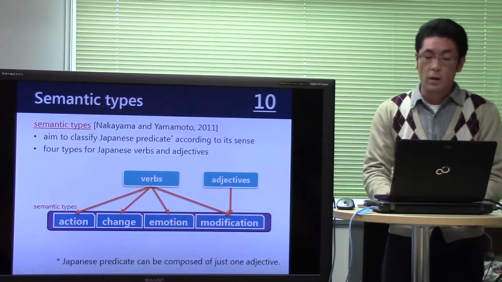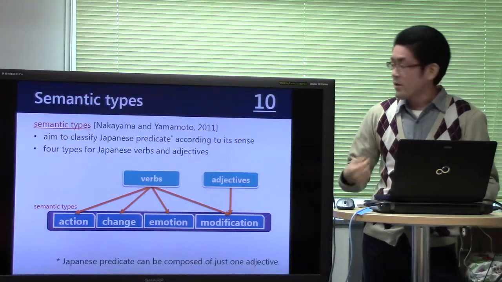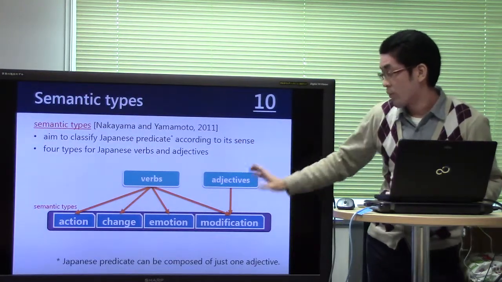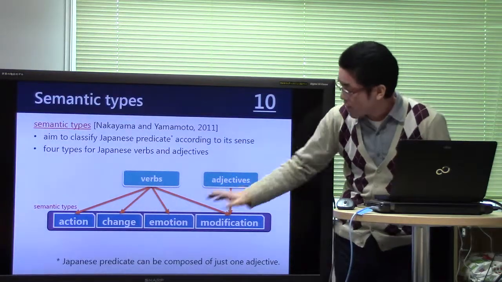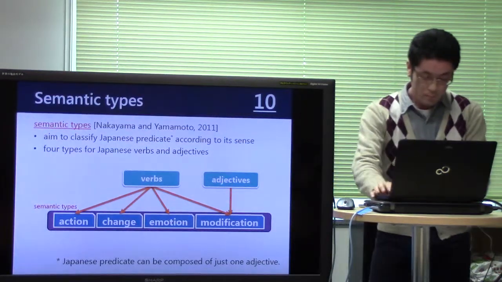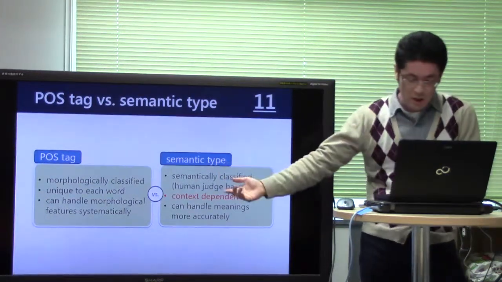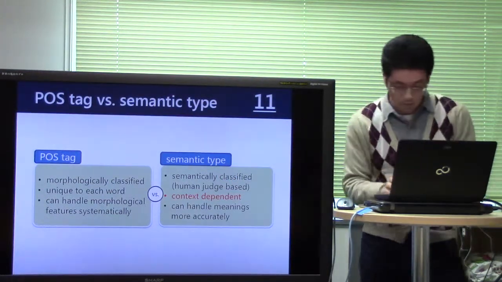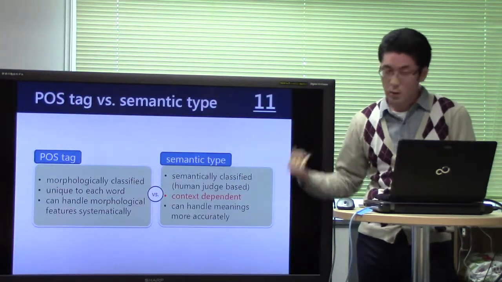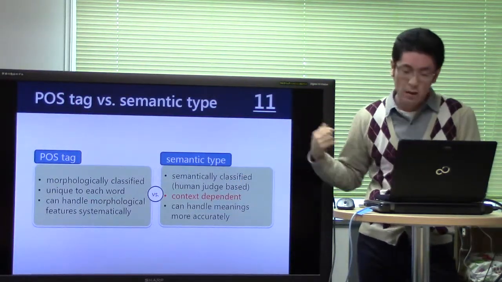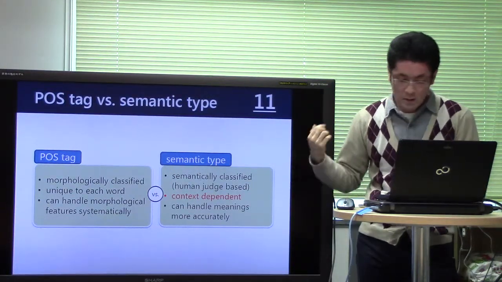According to our previous research, all adjectives are of type modification, while verbs are of multiple types. I'll show the comparison between part of speech and semantic types again. Part of speech is classified based on not only semantic criteria, but also morphological and syntactic ones.